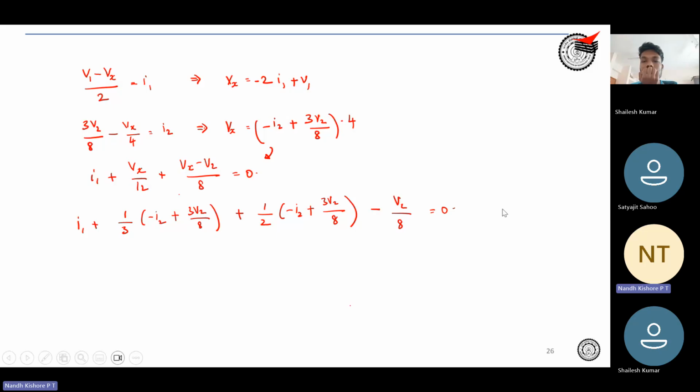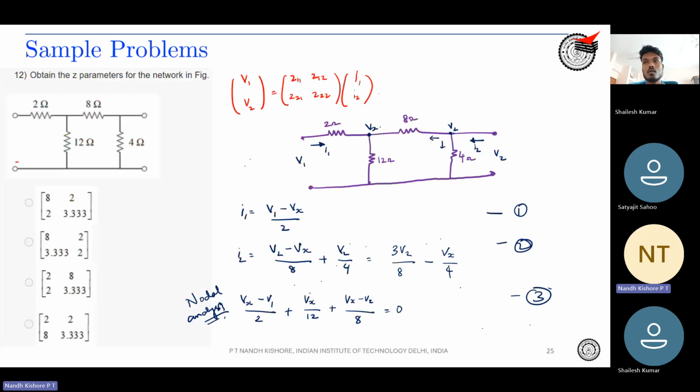Now in this expression we have only V2, I1 and I2. So we can just simplify this. In the interest of time I am not doing it, but you understand, right? You get V2 as a function of I1 and I2. Similarly in the above expression you can get V1 as a function of I1 and I2. From that you get the self parameter. Is this fine?